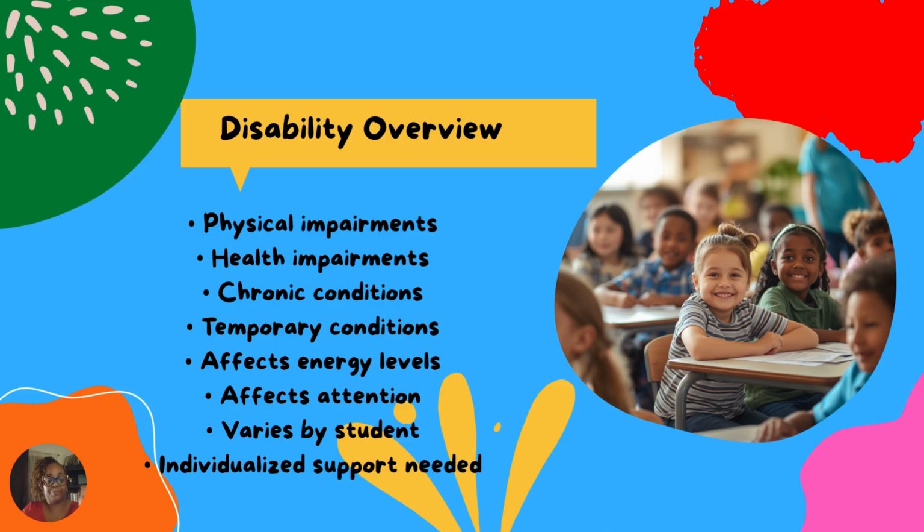Disability overview. The special needs of students with physical and health impairments are almost as diverse as their disability. Some students may not need much assistance, while others may need minor modifications, and some may need more extensive support through special education services.